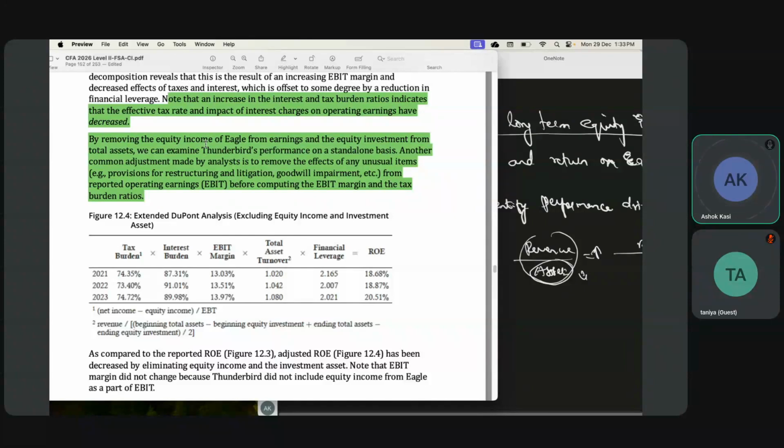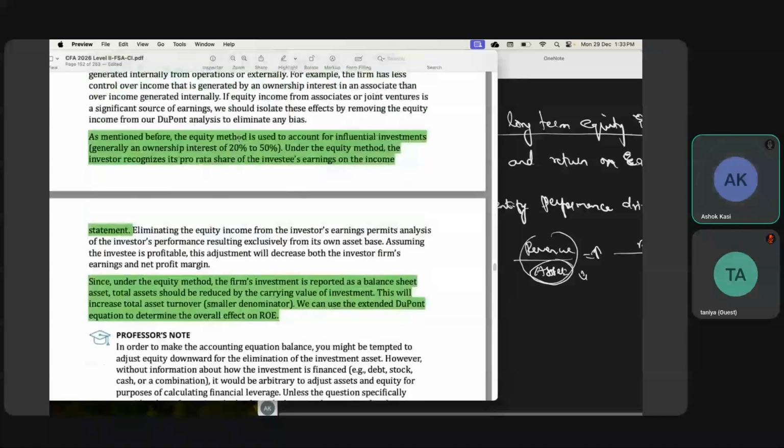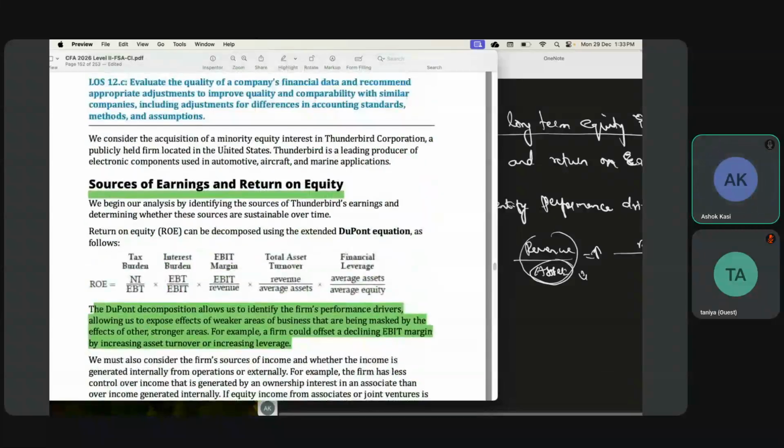We consider the acquisition of a minority equity interest in Thunderbird Corporation. So Thunderbird is kind of a target company, not a subsidiary, where we have invested.